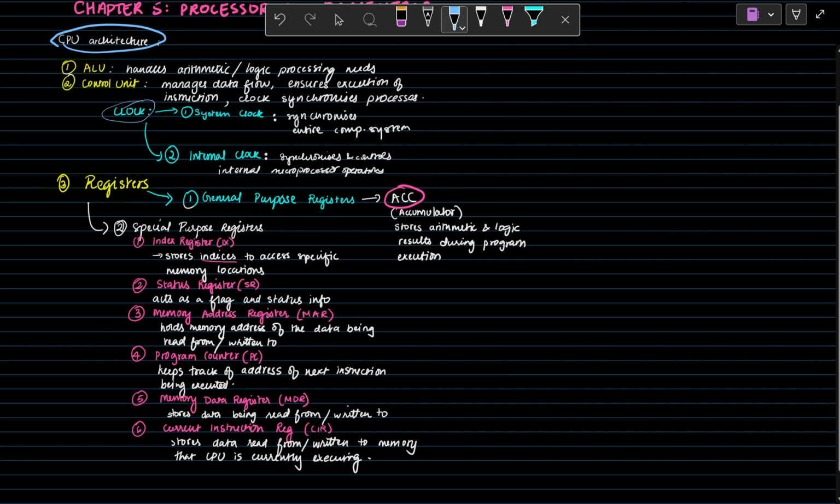Under clock you have two main clocks, the system clock and the internal clock. The system clock synchronizes the entire computer system, and the internal clock synchronizes the internal microprocessor operations. Now moving on to registers, there are general purpose registers.